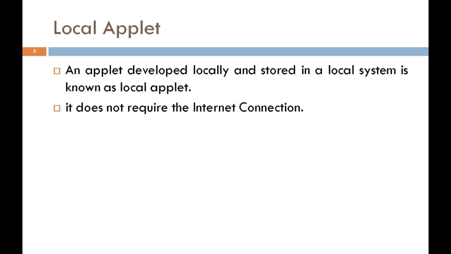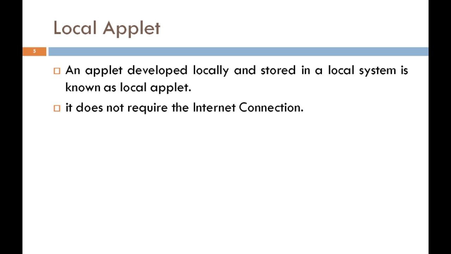A local applet does not require the internet connection because when a web page is trying to find out a local applet, it does not need to use the internet, and therefore the local system does not require the internet connection. So this is the reason local applet does not require internet connection.